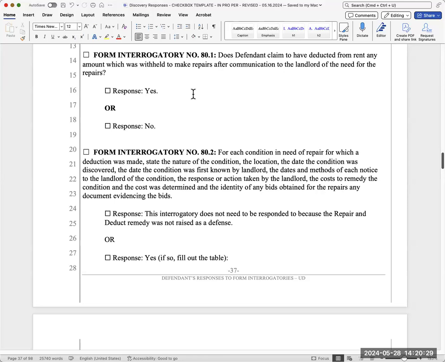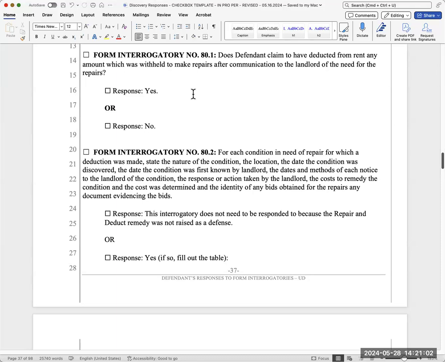And they establish a relationship in which maybe they get some bids for the work. The tenant fixes it themselves or hires someone else to do it. And the landlord is involved in that process of, okay, I'm going to let you or someone else you hire fix it. And you can then deduct that amount from the rent. You fix it and deduct the amount, repair and deduct remedy, right?